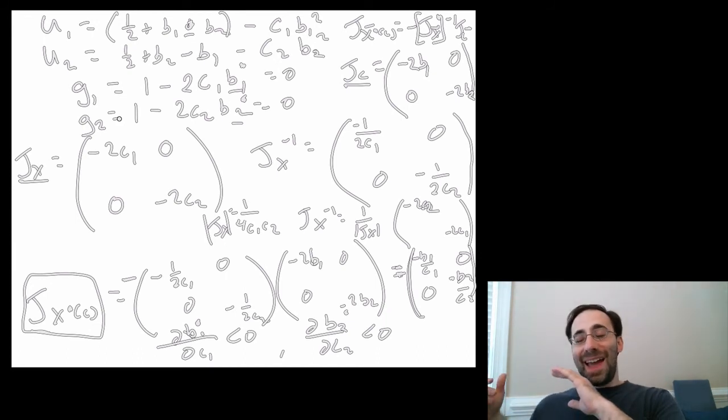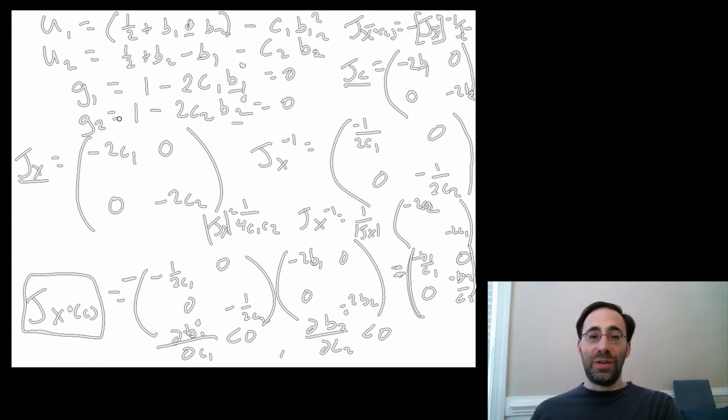And then you get off-diagonal terms indicating that c2 will affect b1 indirectly because c2 affects x2, which affects x1. So you can trace out the entire chain of logic by looking at the components of the Jacobian that you get by using the implicit function theorem, and I recommend that you take a look at the book example because there's a little more space there to write that stuff out.